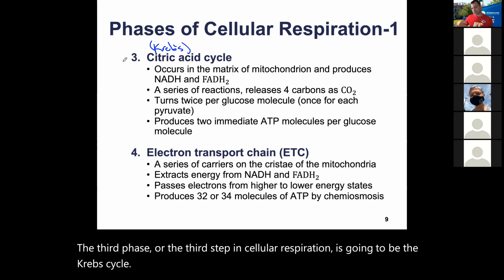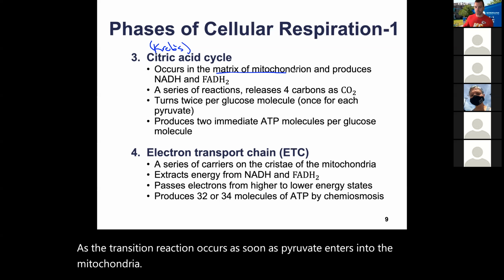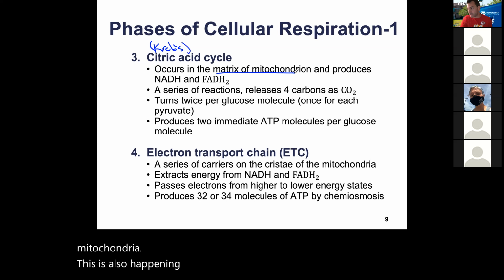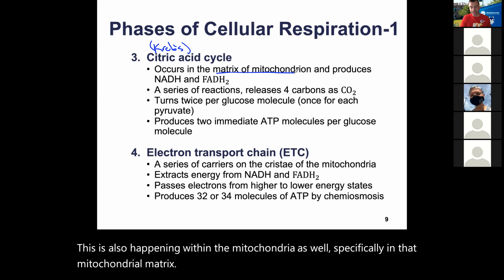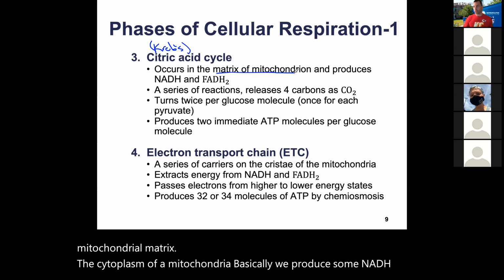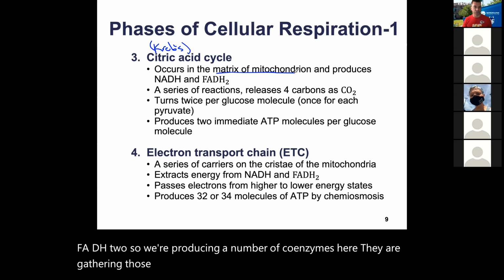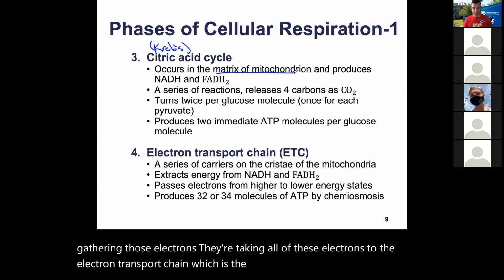As the transition reaction occurs, as soon as pyruvate enters into the mitochondria, this is also happening within the mitochondria, specifically in that mitochondrial matrix, the cytoplasm of a mitochondria, basically. You produce some NADH, some FADH2, so we're producing a number of coenzymes here, okay? They are gathering those electrons. They're taking all of these electrons to the electron transport chain, which is the last step in the process of cellular respiration.